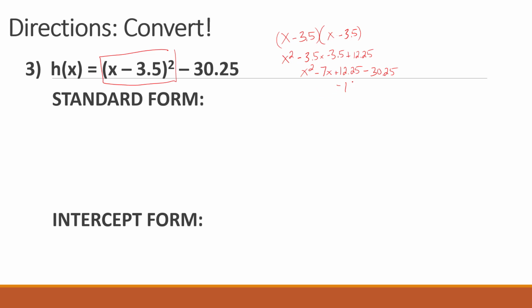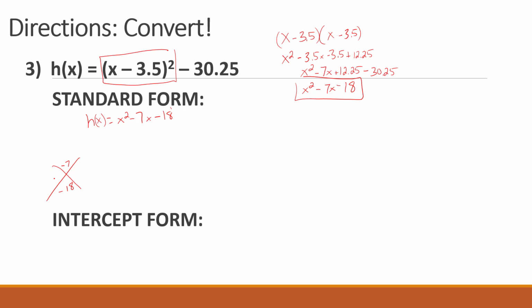So negative 18, negative 7x, x squared. That looks to me like standard form. So let's go ahead and give it our h of x is equal to x squared minus 7x minus 18. Now to go to intercept form, we can find our factors, negative 18 and negative 7.